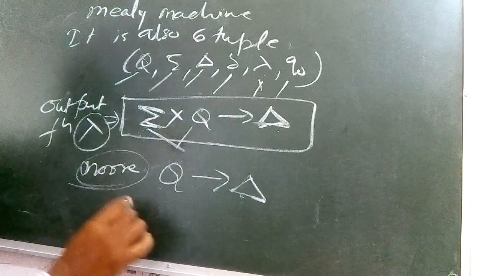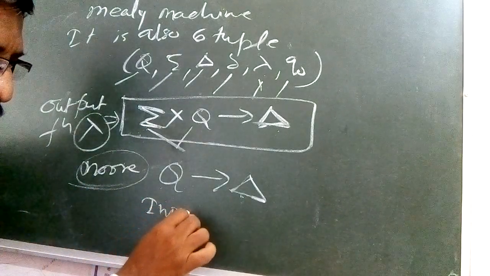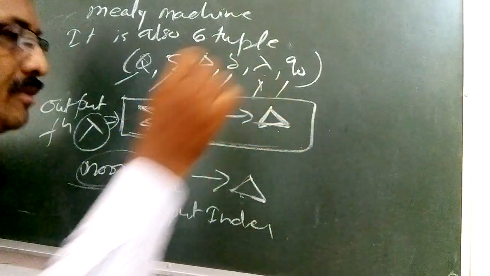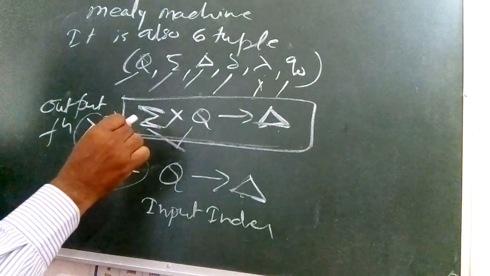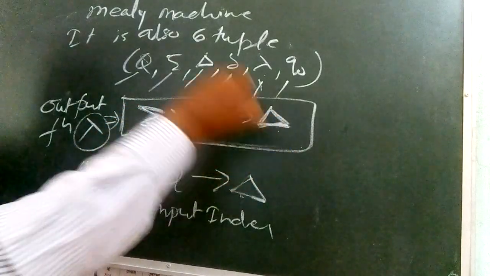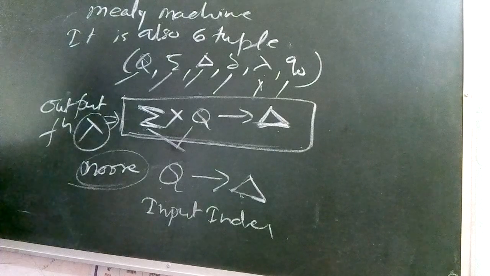So the Moore machine is input independent machine and this is input dependent, in which present state and input will decide the output of the machine.